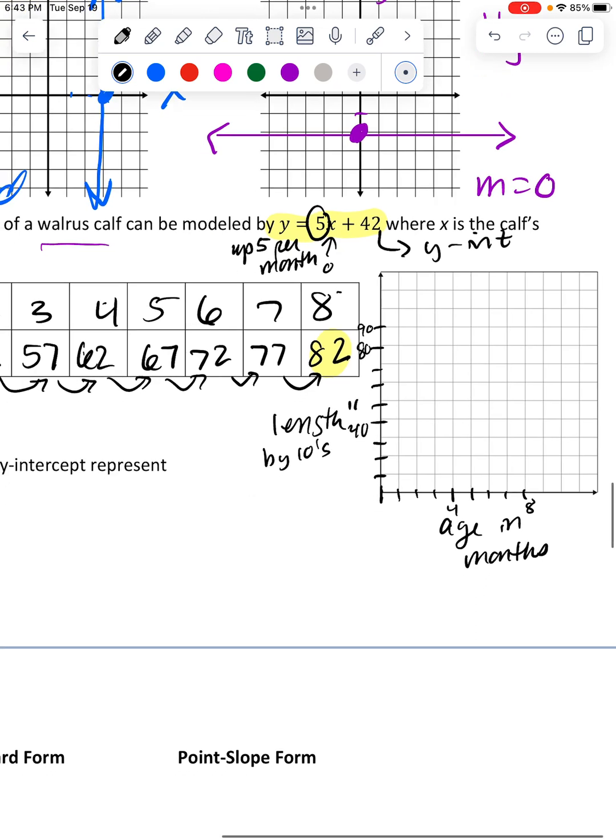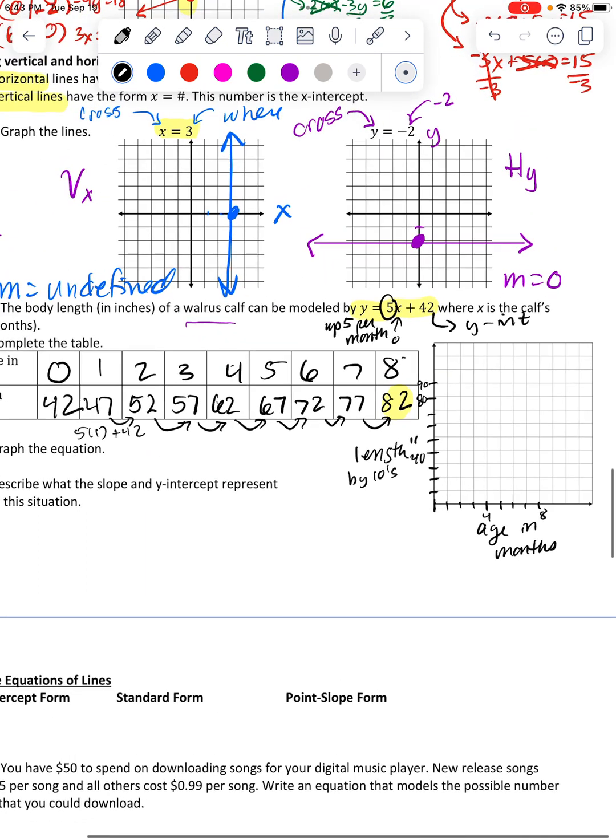So let's plot some points. I'm starting at 0, 42. So 10, 20, 30, 42. Then at 1, I'm going up 10, 20, 30, 47. So I still haven't hit the 50 line.